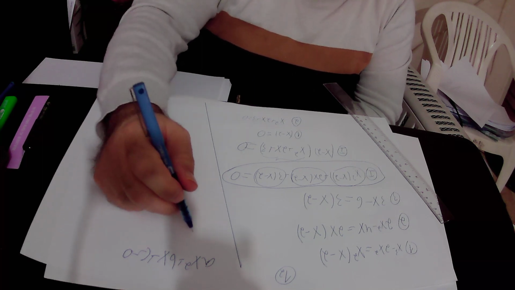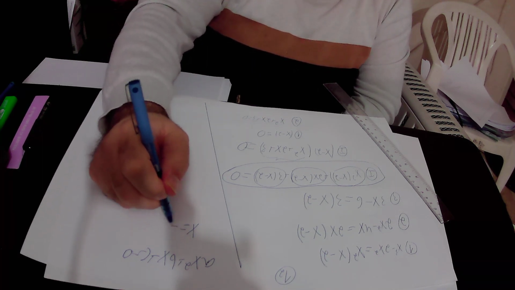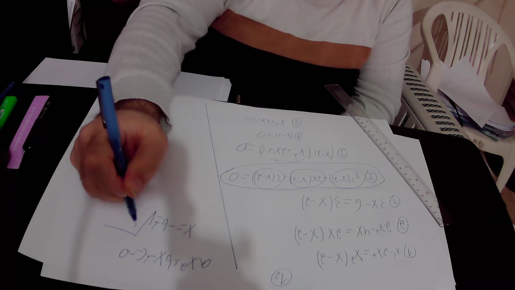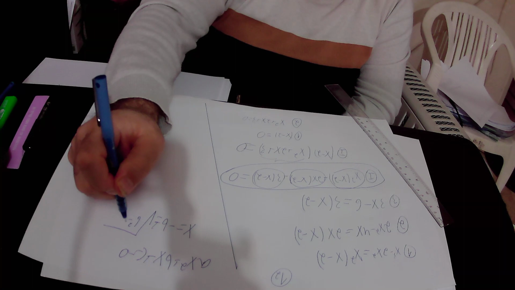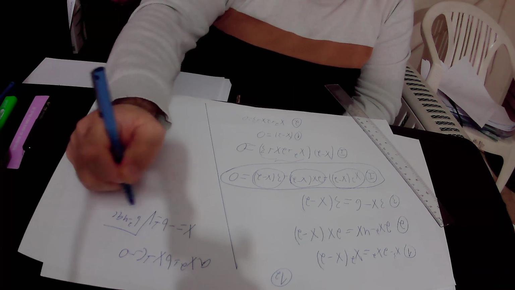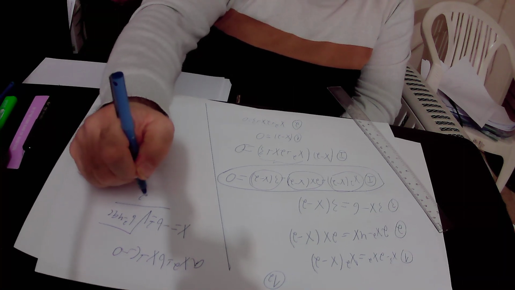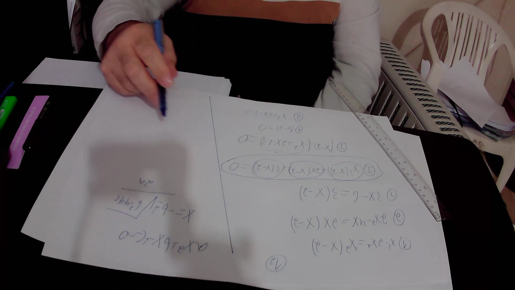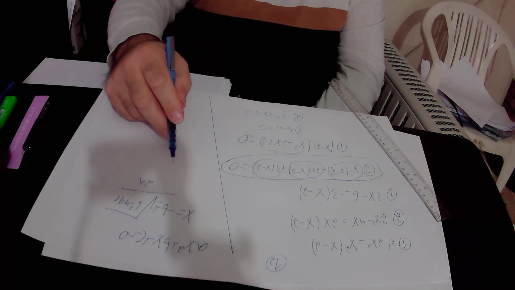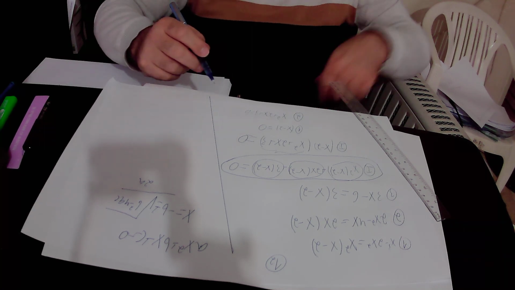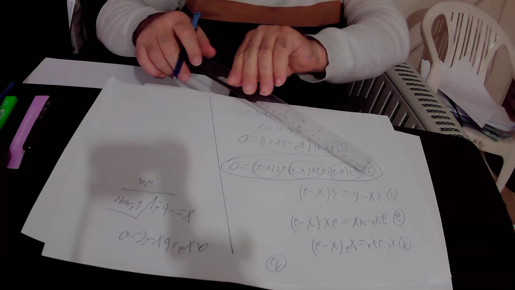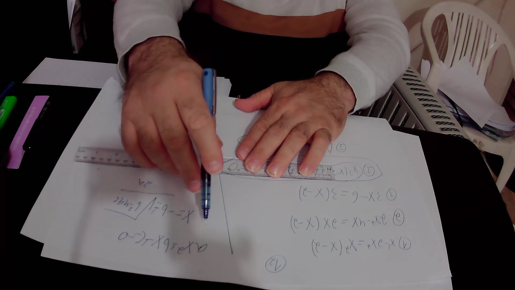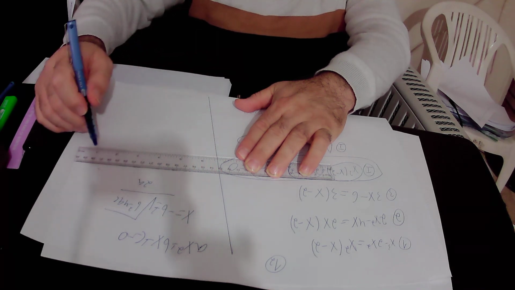Actually, x equals minus b plus or minus the square root of b squared minus 4ac, over 2a. So by using this formula, we will find the value of x, the variable that we are looking for. And here a, b, and c are the coefficients of this general quadratic equation.